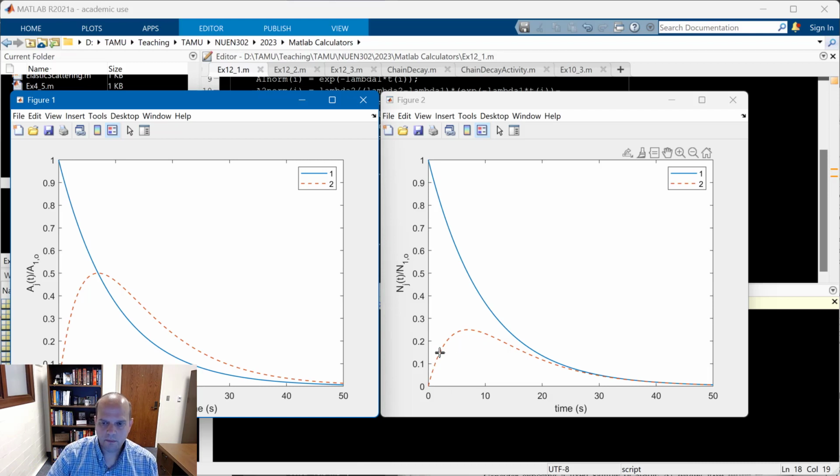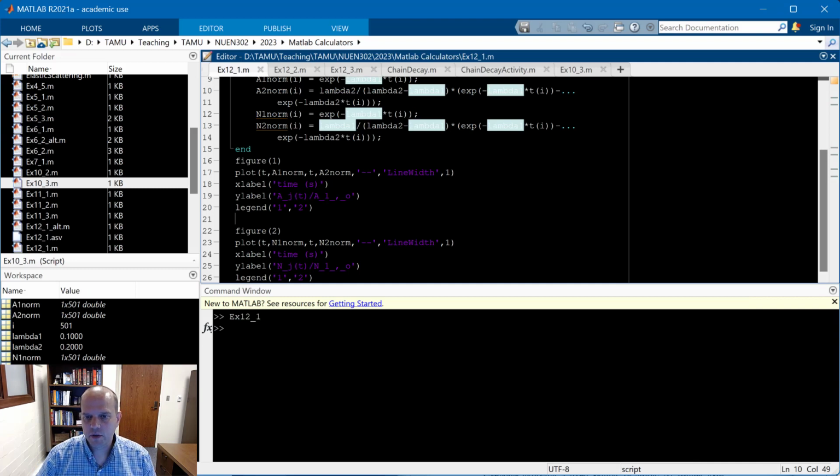So I build up the inventory, and then it dies down after some time window, maybe 7 seconds or so.